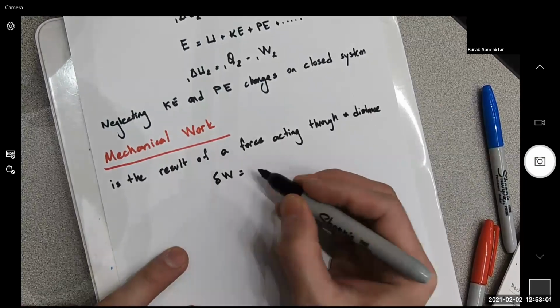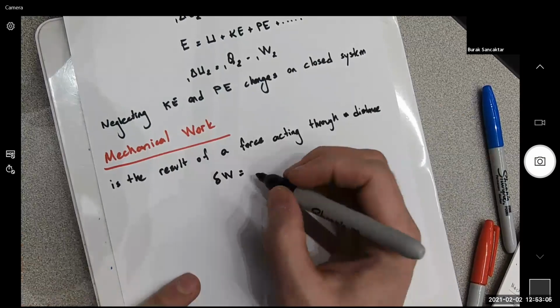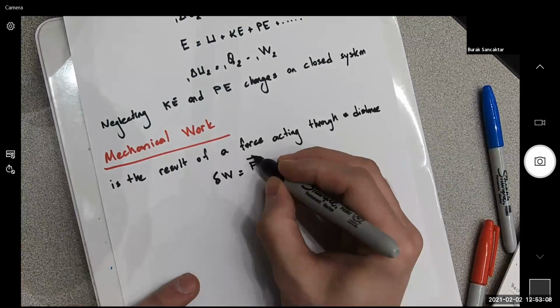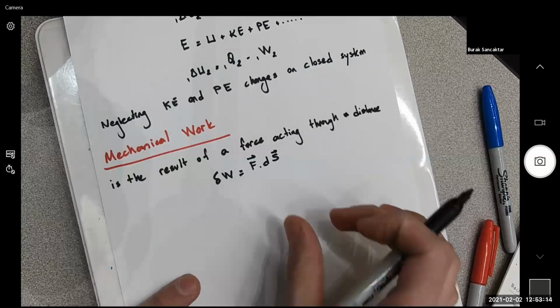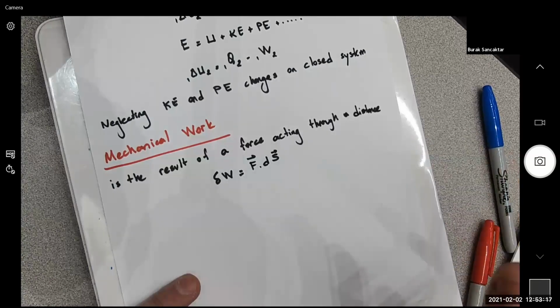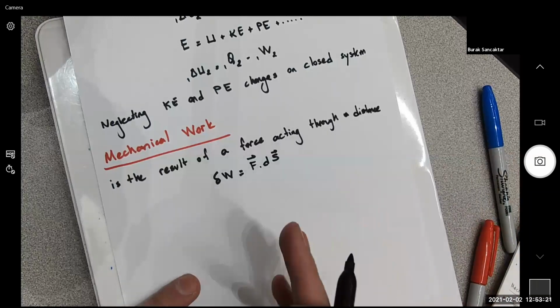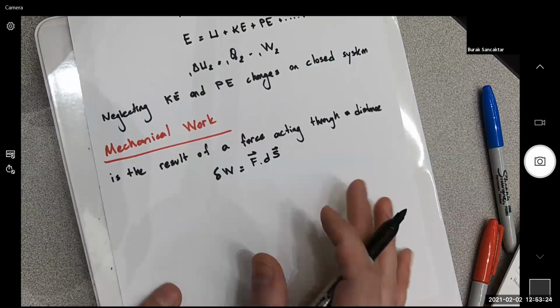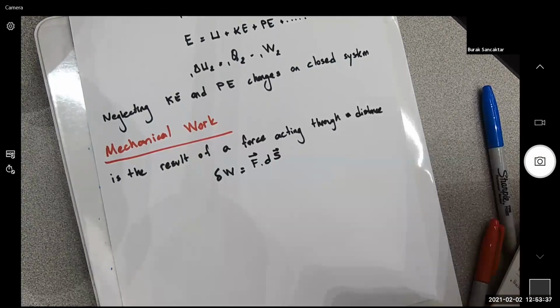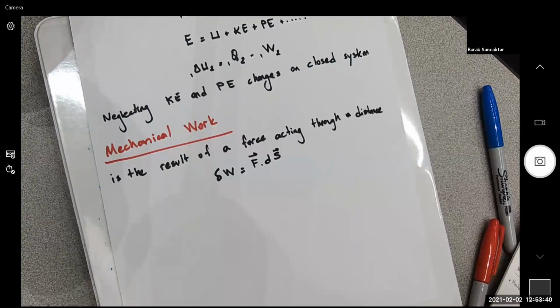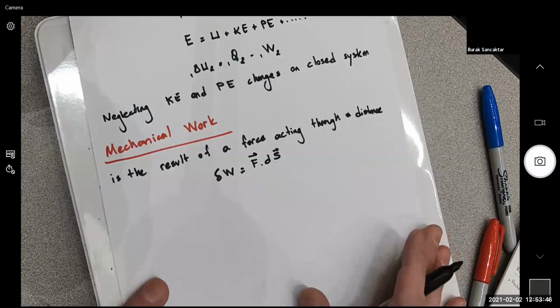We define the mechanical work as delta W equals force applied through that distance S. S is the distance that the object or the molecules travel, and F is the force acting.